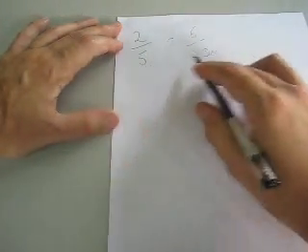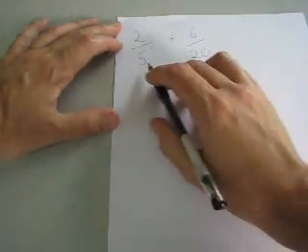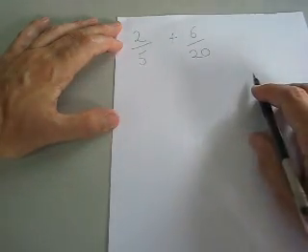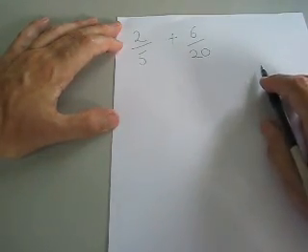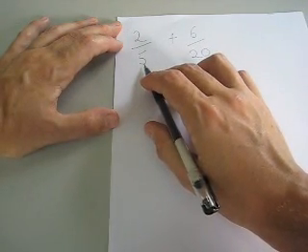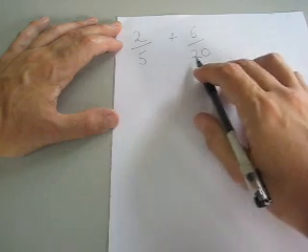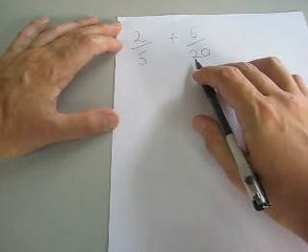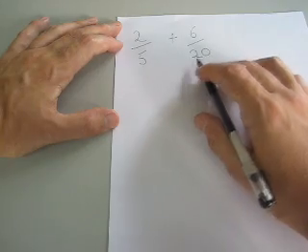So looking at 5 and 20, what can 5 become? What can 20 become? Well, if you know your times tables, you can recognize quite quickly that 5, 10, 15, 20. I can have 20 as my common denominator.